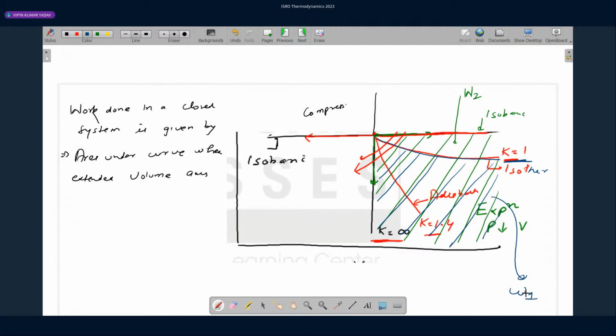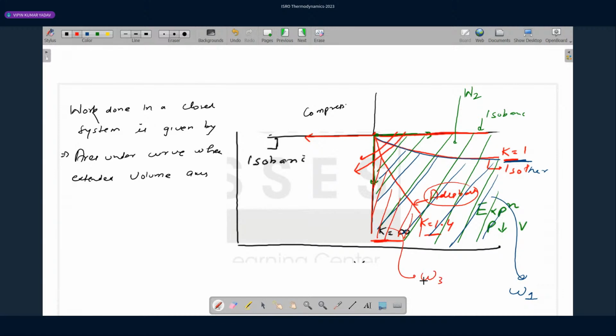What about the third process? Third process is your adiabatic process. So what is the area under this? This area, red area. So this is your red area, is your W3.